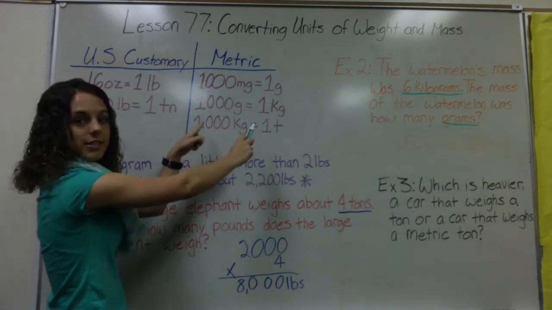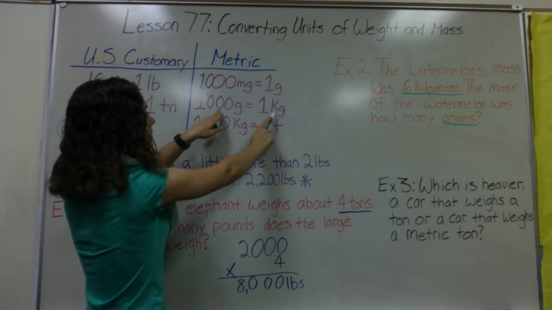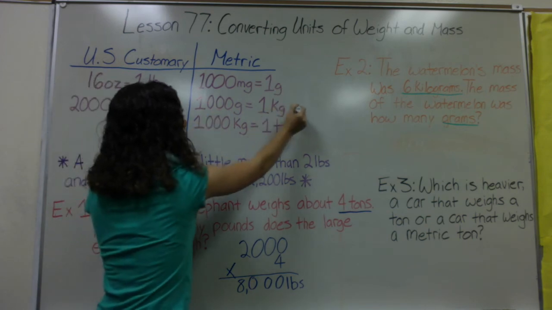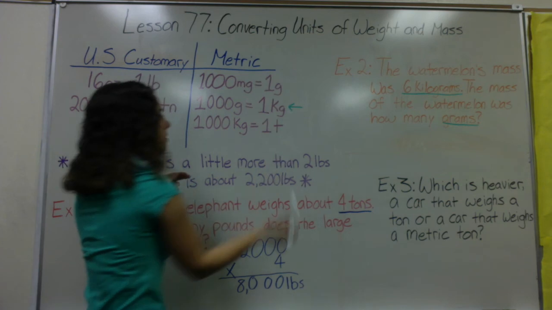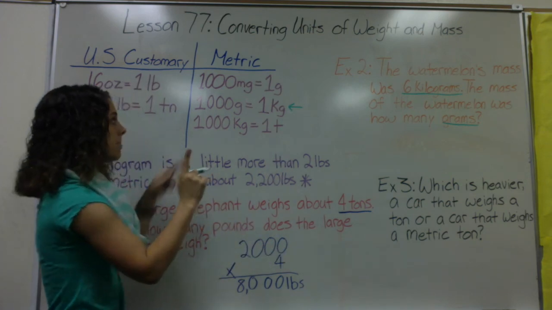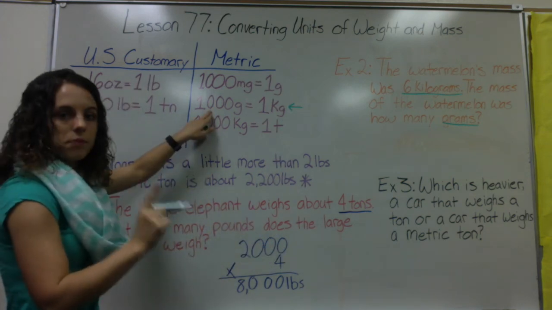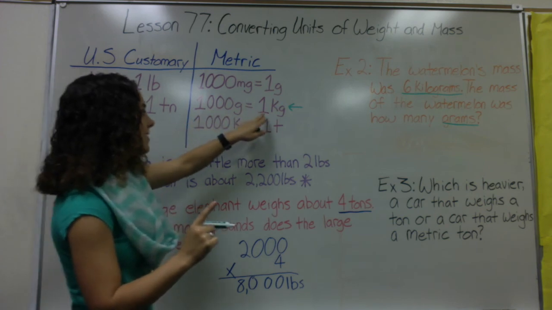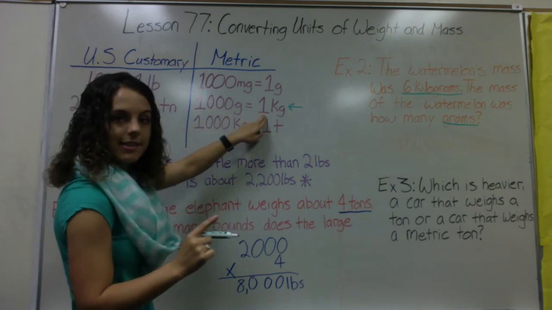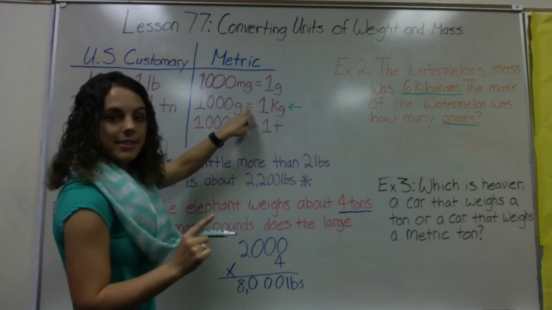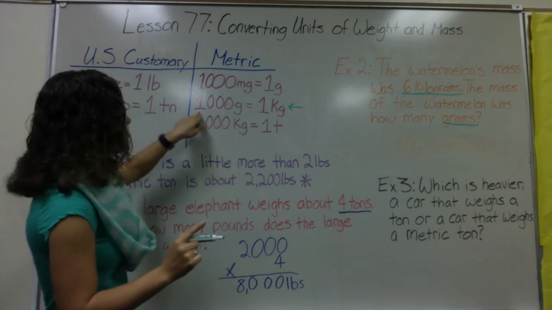That's going to be the metric system, and I have a conversion right here that we want to look at, grams and kilograms. I know that 1 kilogram is 1,000 grams. So if I have 6 kilograms, for it to still be equal, I need to have 6 of these.